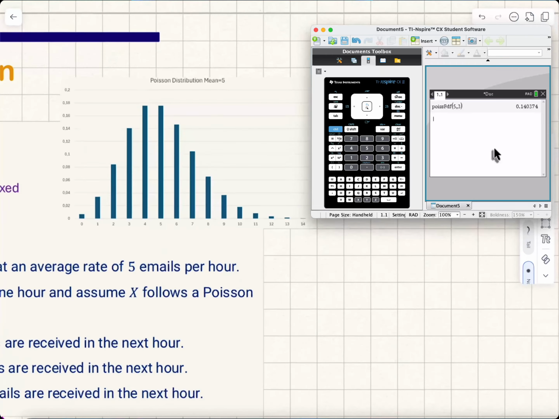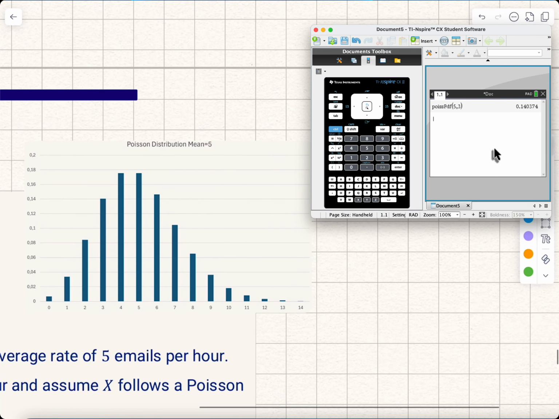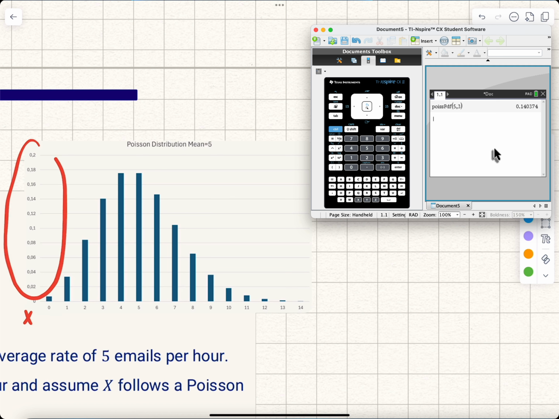Now, notice that in this chart, here we have the values of x, and the vertical axis represents the probabilities. So as you see, what we just calculated is the probability of x equals 3, which is what we got, 0.14, as you see in the GDC.